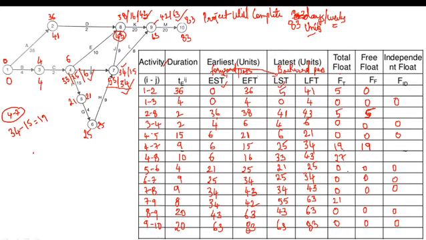Next is activity 4 to 8. The successor activity of 4 to 8, if you look at the table, is 8 to 9.